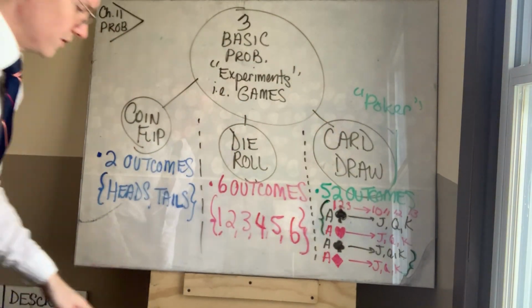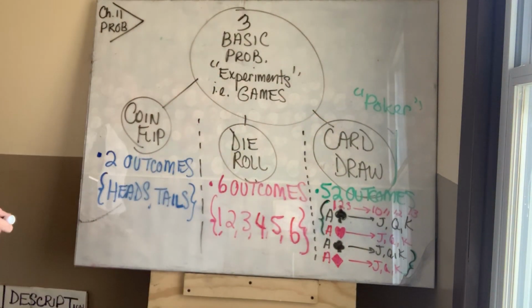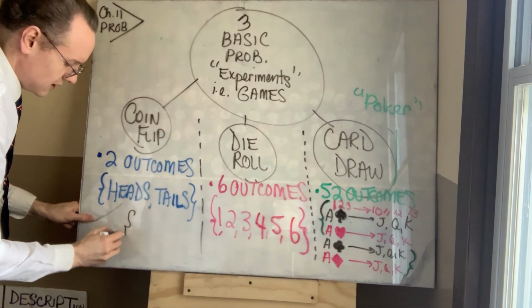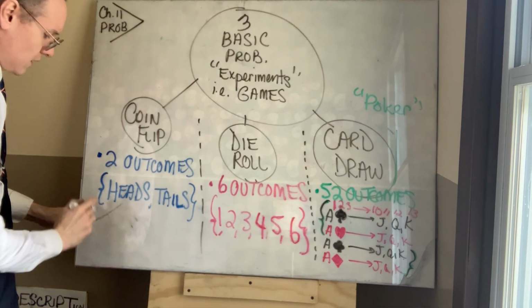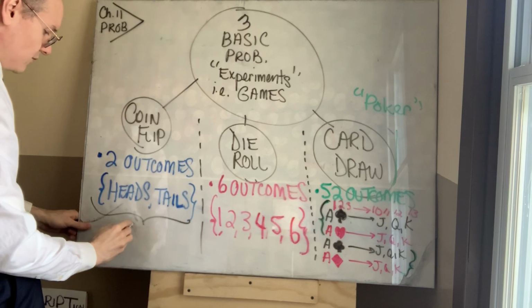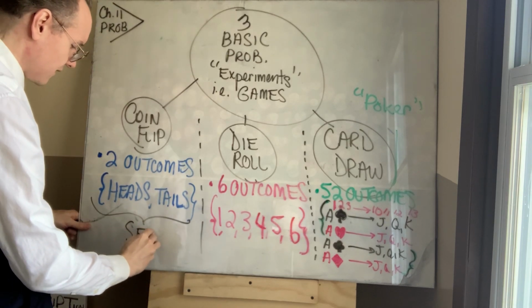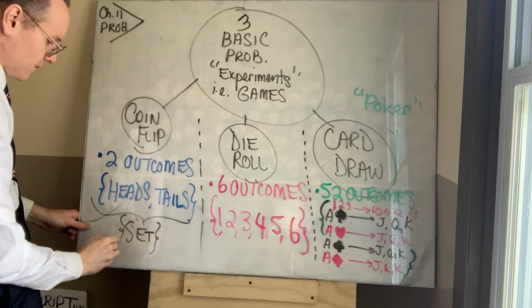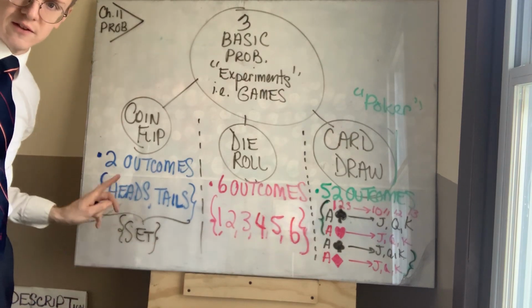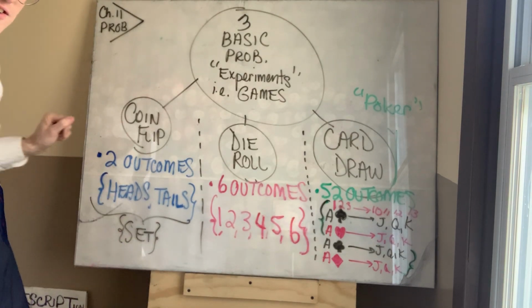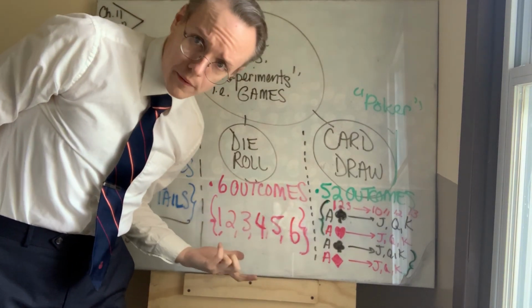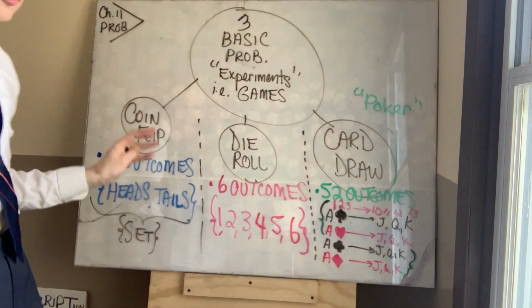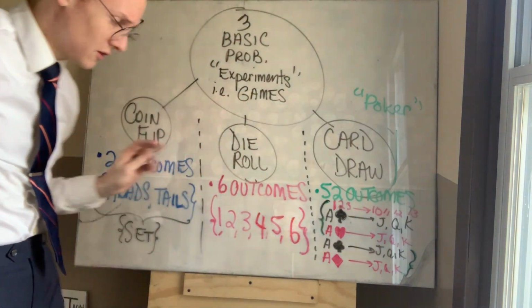There's a technical term for this. It's really not super important, but we call things like this, you see here, heads or tails or what have you, a set. And I like that because it's simplistic and it gets the point across. The contents form a set. In statistics, they use a different word, right? And sometimes probability certainly comes up in the course of statistics.